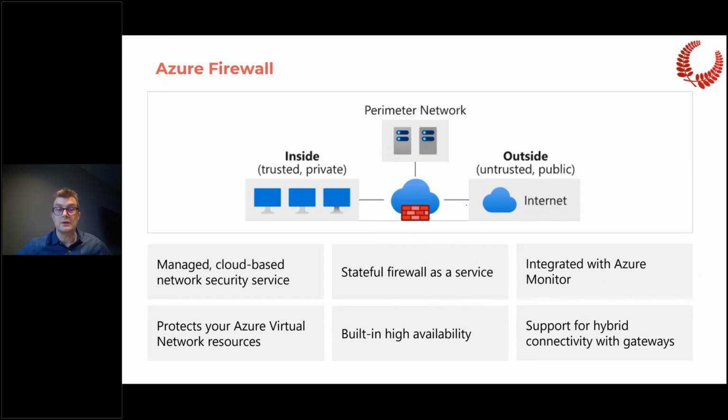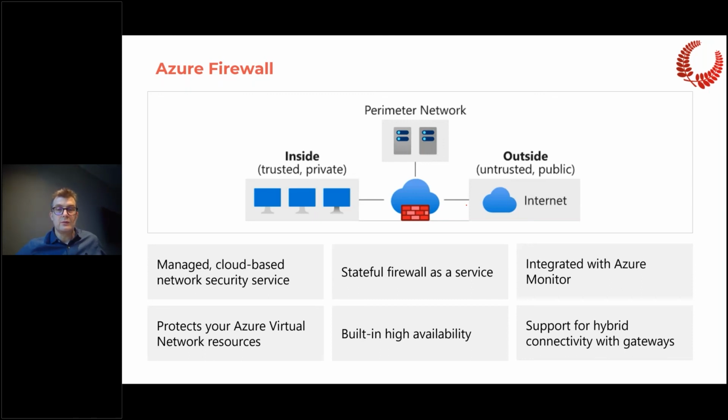This is practically Azure Firewall, but Azure Firewall probably won't classify as Azure Network Protection. I would think of it more as perimeter protection, for example, but still it deals with network traffic, and that's why I wanted to include it here as well.